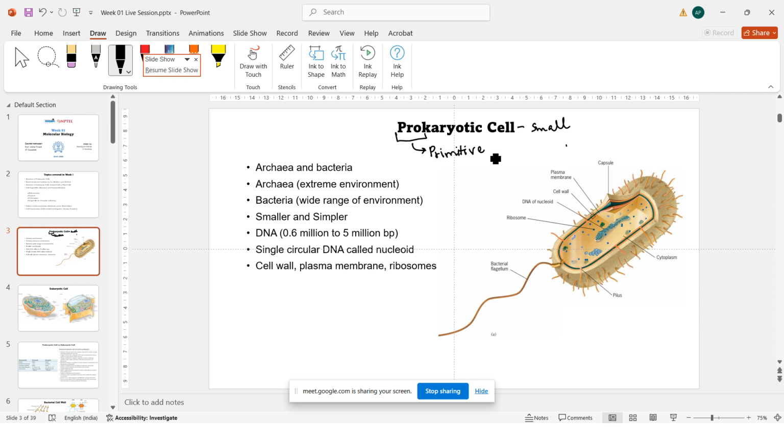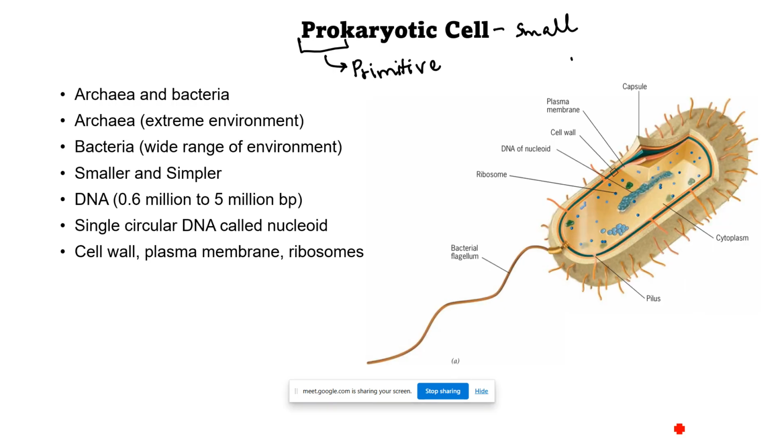If you look at the DNA, it has around 0.6 million to 5 million base pairs, and they have circular DNA, right? The DNA of a prokaryotic cell is not linear. They have circular DNA, and this DNA remains freely organized in the cytosol.